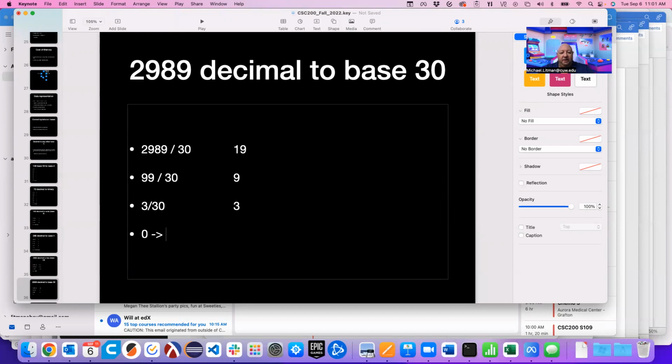So the answer here is 3, 9, and what's the 19th letter of the alphabet? J. That guy, 39J. All right, makes sense? Got a pretty good feel for that side of the equation. Decimal to any base whatsoever, as long as it's less than or equal to 37, you now know how to do.